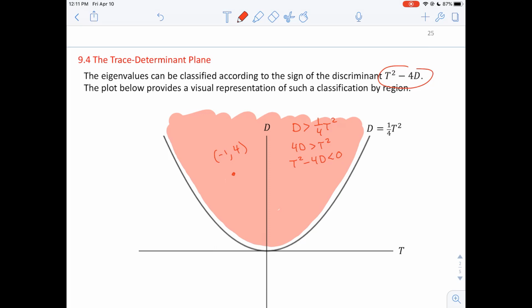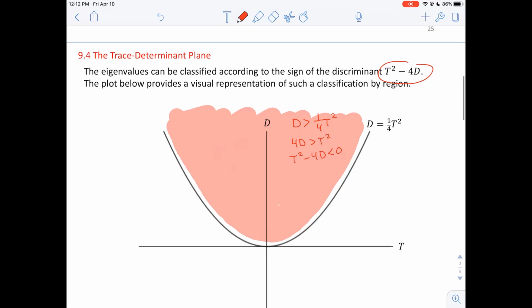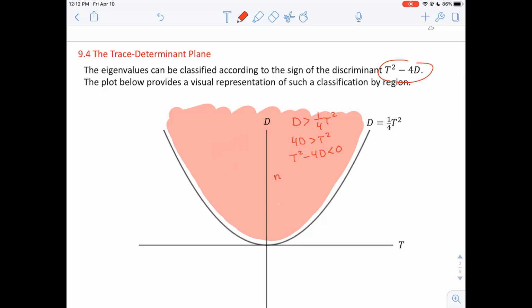But we have definitely non-real eigenvalues up in this area when your trace and determinant put you above this parabola. If your trace and determinant are such that you're on the parabola, then we have the one real eigenvalue that's been repeated, but let's not talk about that case so much.